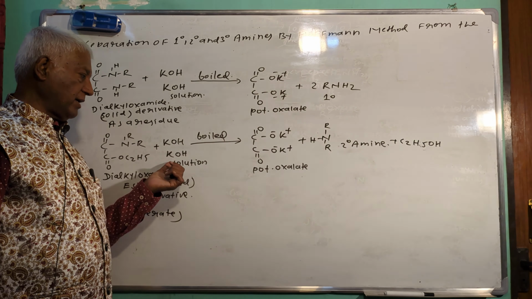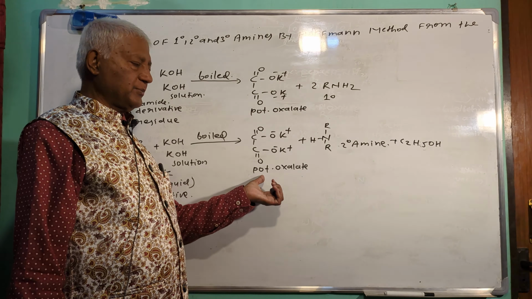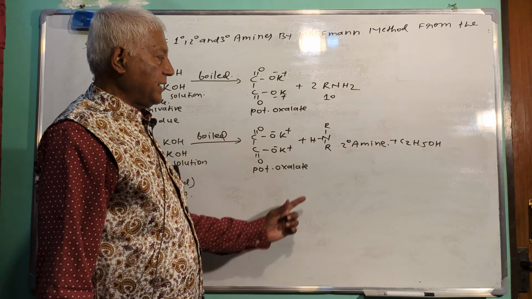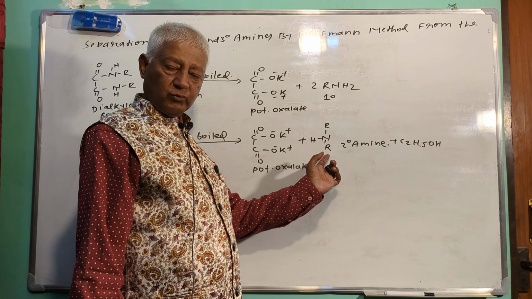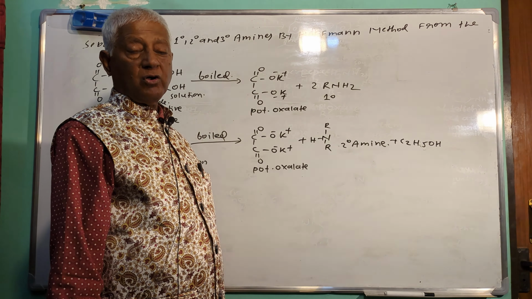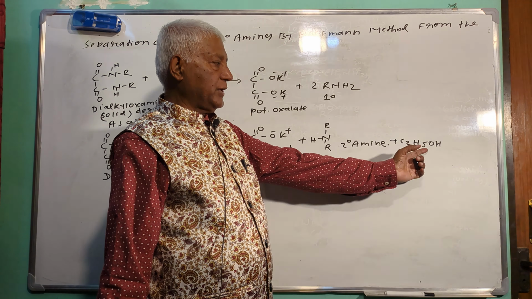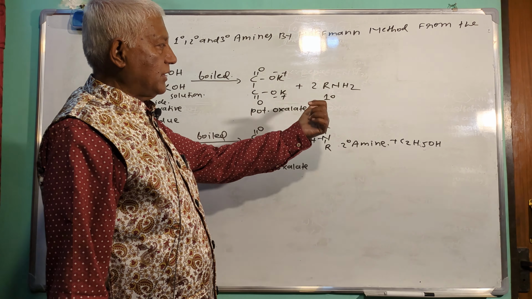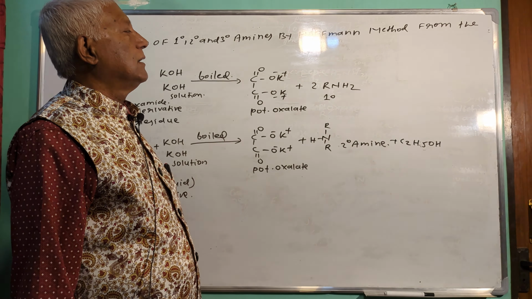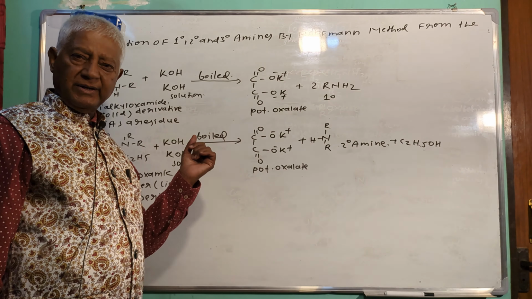When boiled with potassium hydroxide solution, the major product is potassium oxalate, but what we need is secondary amine. We get 1 molecule, because only 1 molecule of secondary amine is involved. The side product is C2H5OH. So we have already isolated primary amine from the solid derivative.